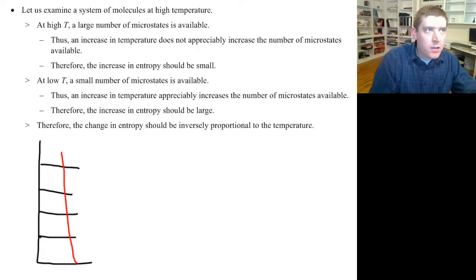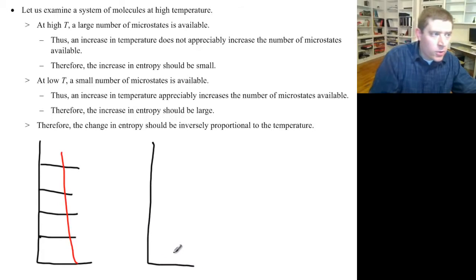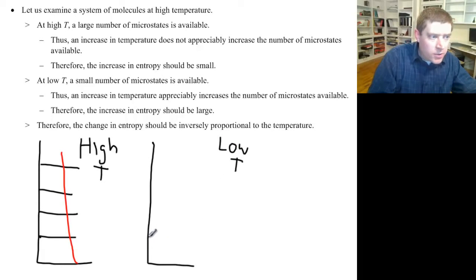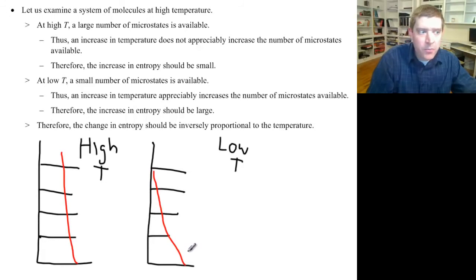On the other hand, if we have a low temperature, so over here we had high temperature, and here we have low temperature. At low temperature, the microstates are the same distance apart. But now, at low temperature, we have lower energy, and so the decay of our populations is much faster.